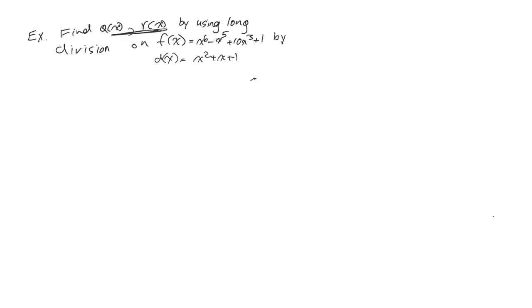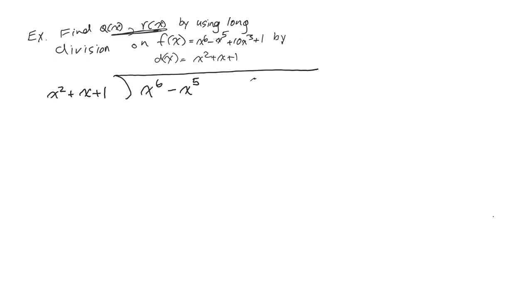When you do this problem, you literally have to start with your divisor, which is x squared plus x plus 1. And then we're going to divide it by everything in here. So we're going to start with x to the 6th, our highest power. Then we're going to put minus x to the 5.